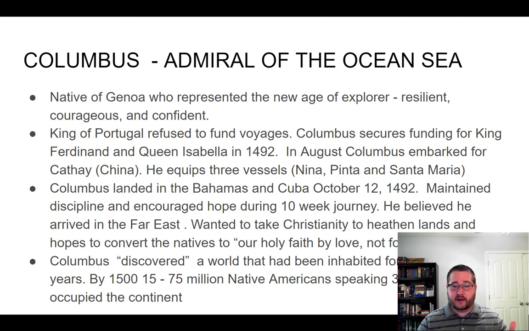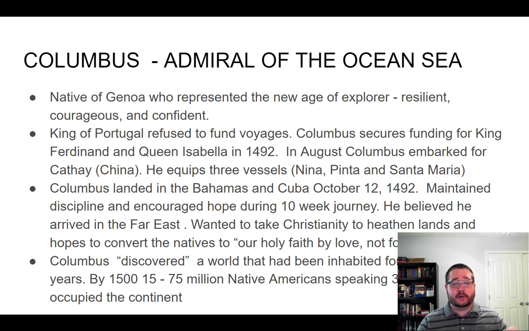He forces the native population to deliver gold to him on a regular basis, or he would chop off people's arms and legs and limbs in punishment for not bringing the quota that he wanted. Just absolutely horrible things that he did. Okay, and that's just one small example.